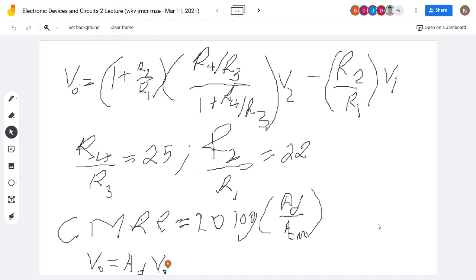So we realize that this is a VO and this is a VO. These two must have some equivalency, because these are two expressions for the same VO.